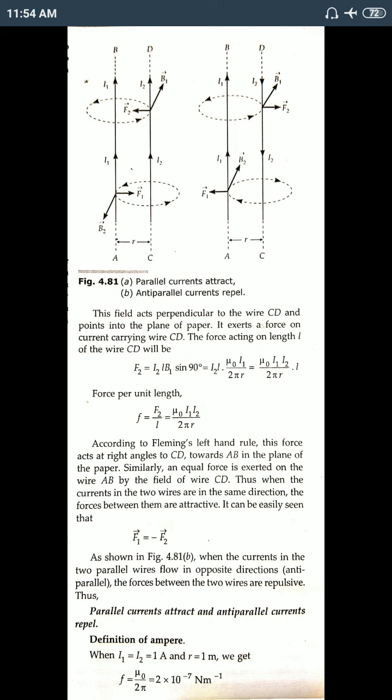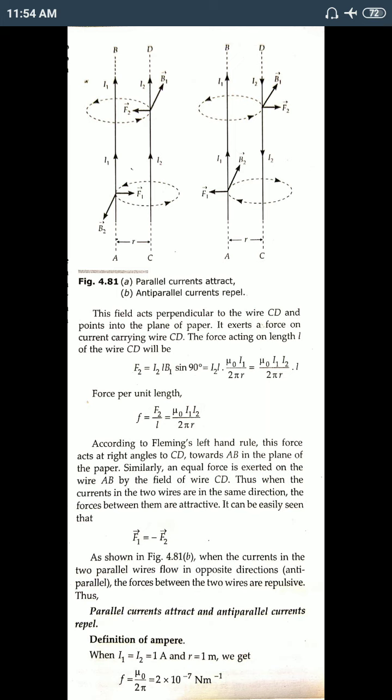Okay, here we get the magnetic field produced by current I1 at any point on the second wire, and the same way the magnetic field produced by current I2 at any point on the wire AB. So first we find the magnetic field produced by I1 on CD.